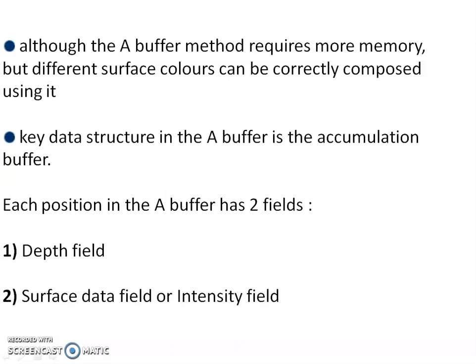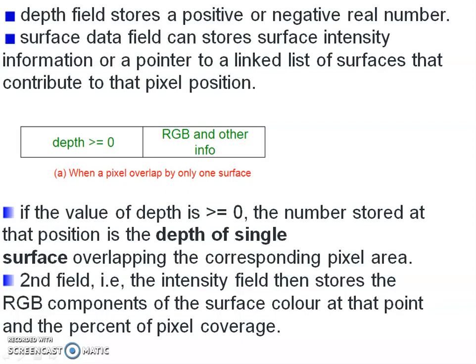Key data structures which we are using in the A-buffer are the depth field and the surface data field, or intensity field, comprised in the accumulation buffer. The depth field stores a positive or negative valued real number, and the surface data field can store surface intensity information or a pointer to a linked list of surfaces that contribute to that pixel position.